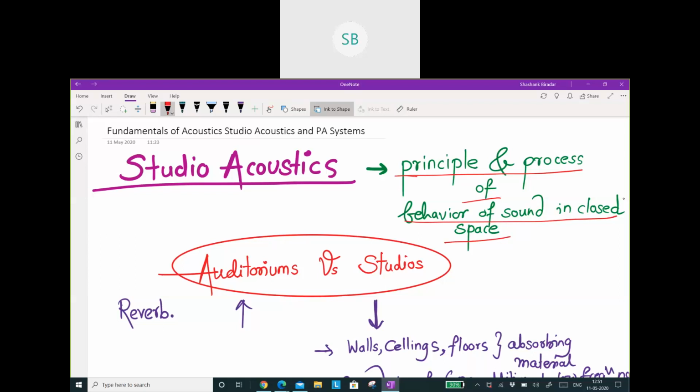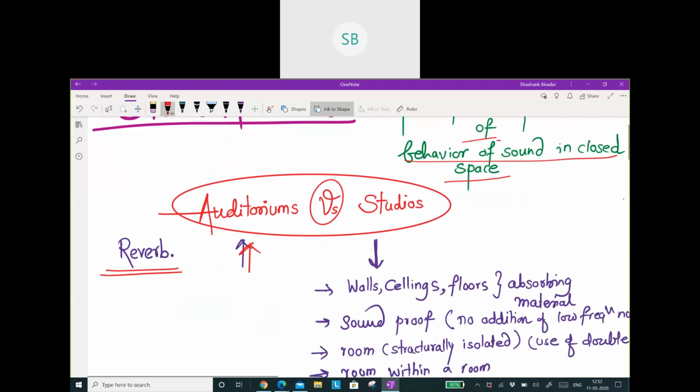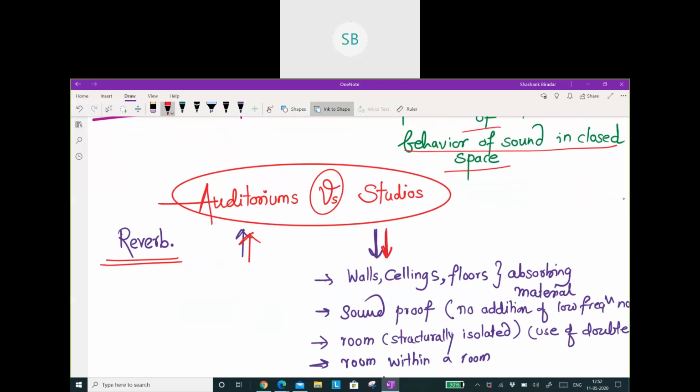If we consider the auditorium versus the studio, in an auditorium the reverberation should be more, but in studios the reverberation must be very, very less, because in an auditorium the reverberation is enhanced, but in a recording studio the reverberation is reduced to a minimum value, so that the recording studio is actually silent.